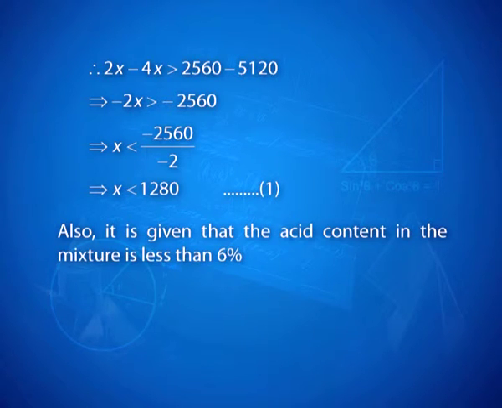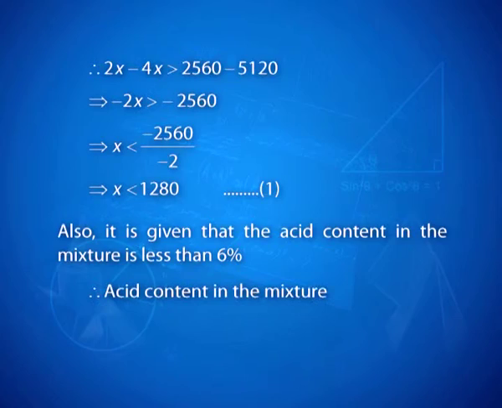Now, the second condition given to us in the question says the acid content in the mixture is less than 6%. So, as before, the acid content in the mixture is less than 6% of the volume of the mixture I obtain. That is, acid content in the mixture will be less than 6% of 640 plus x.